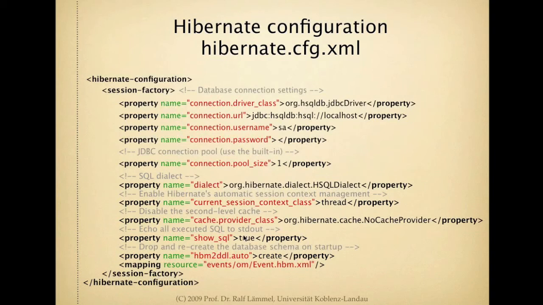Actually, one detail is worth pointing out down here. With this line, we tell Hibernate that tables would be dropped if they're already there and recreated each time we start the Hibernate application. So once we have populated the database with our relational schemas, and once we actually have started to store data in the database, we might want to disable that line.